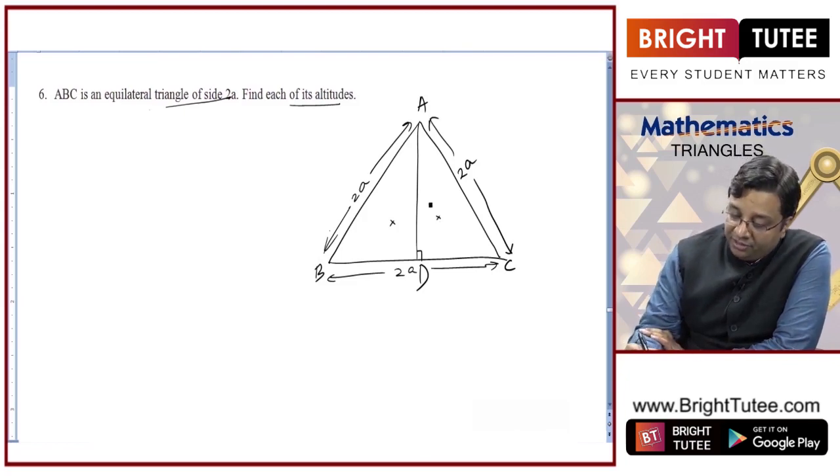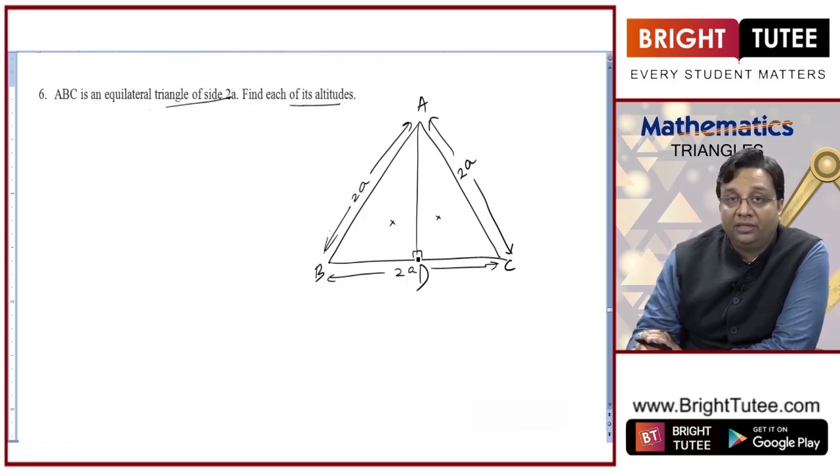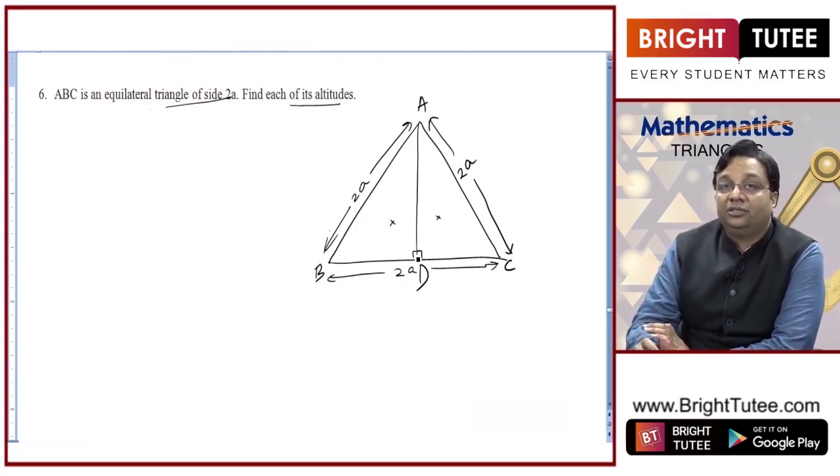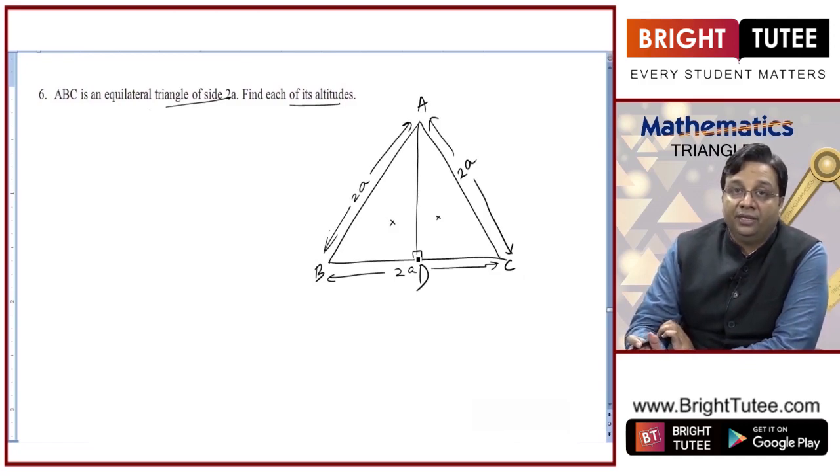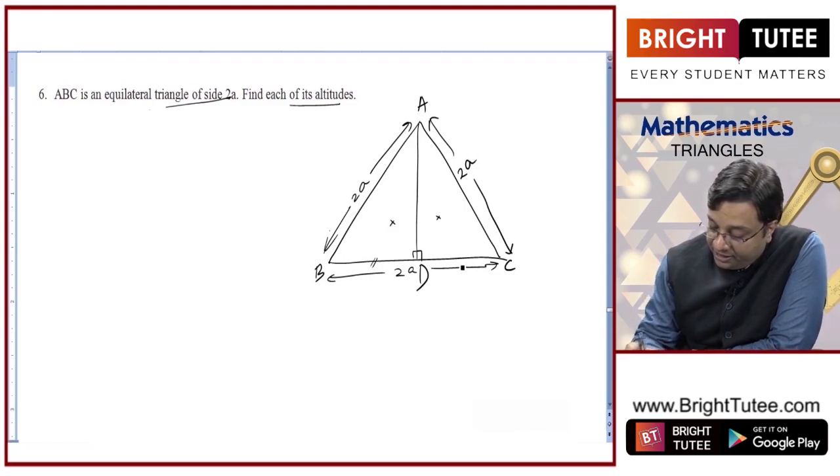Why? Because this altitude divides this side BC in two equal parts, because altitude in equilateral triangle is also the median, right. So, this BD is equal to DC and these are equal to A units each, half of BC, right.